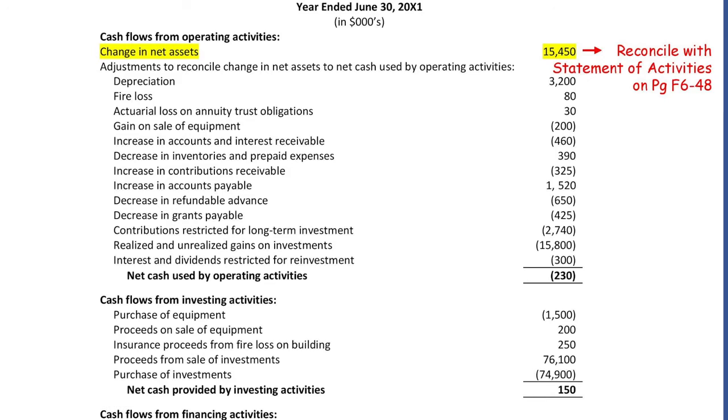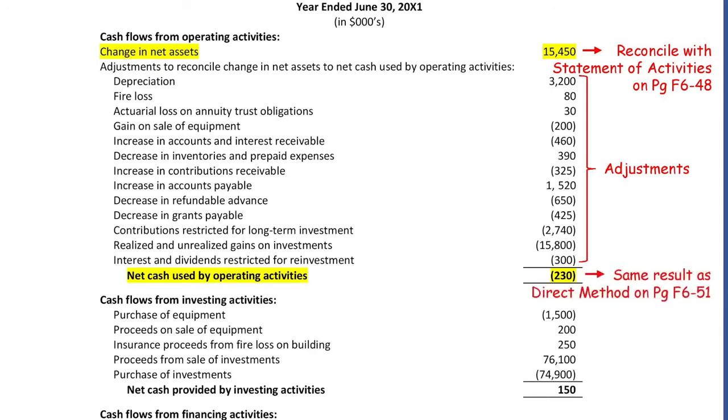So draw a bracket around all those and write adjustments. Which get us to highlight the net cash used by operating activities, which is a negative 230. And right there, this is the same result as the direct method on page F6-51.